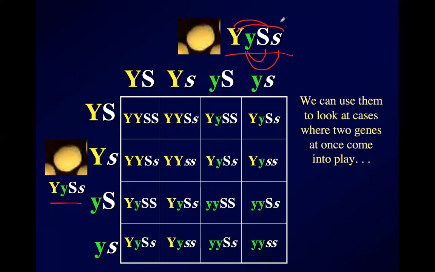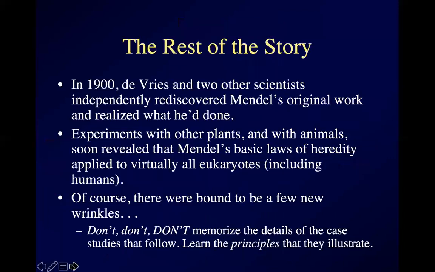All right. It's never as simple as it seems. There's always wrinkles. In 1900, a guy named Hugo de Vries and a couple of other scientists, independently of each other, happened to stumble across a dusty old copy of Mendel's scientific paper, realized what he'd done, and started doing experiments that revealed that these basic laws applied to virtually all eukaryotes.